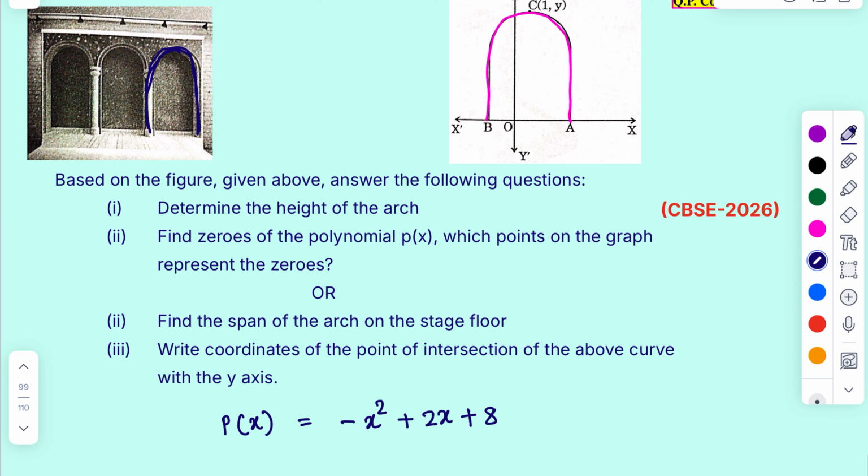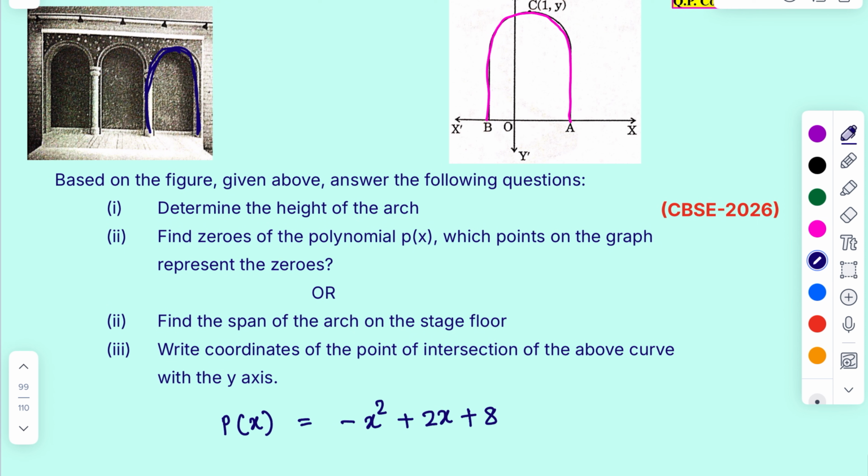So we can write this as x square minus 4x plus 2x minus 8 is equal to 0. If we take x as common from the first two terms and 2 as common from the next two terms, we will get x minus 4 into x plus 2 is equal to 0.